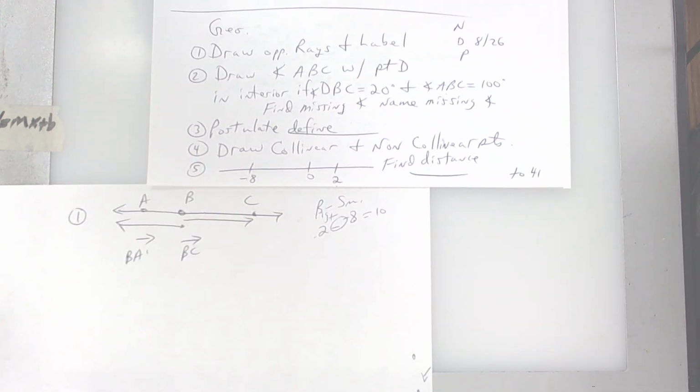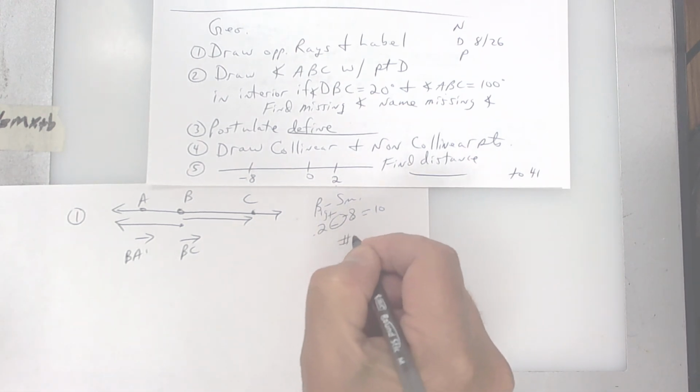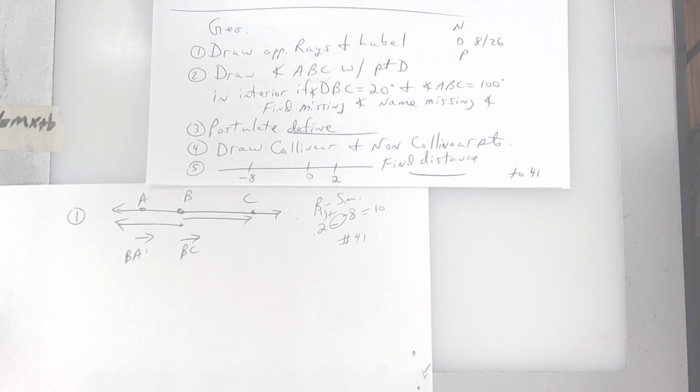Today we're going to finish up the workbook, and I want you to go to number 41. Now you might be saying, okay, well, what is that? Well, I think you can figure it out, but I'm going to tell you anyway. So you're going to start on whatever page it was yesterday. Let me figure that out.